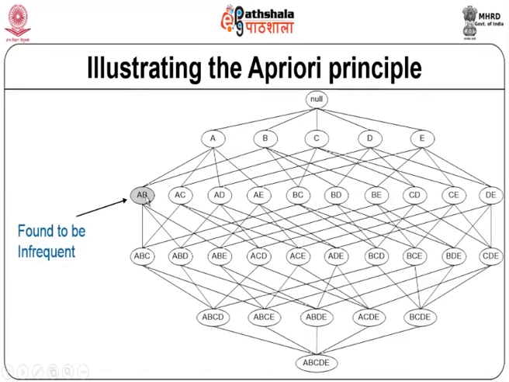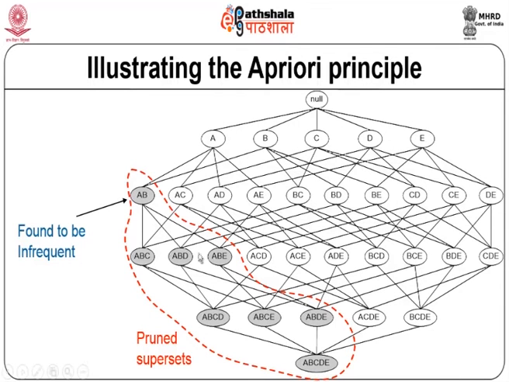So, what happens is, during the process of generating all possible combinations of item sets, if you find a particular item set, for example, here in this scenario AB, is going to be infrequent, then all the other possible item sets that will be generated involving AB will also be treated as infrequent.